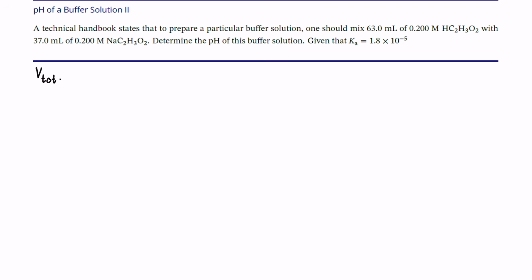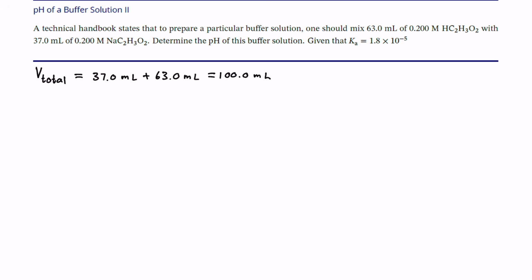So V total is equal to 37.0 milliliters plus 63.0 milliliters, which is equal to 100.0 milliliters.